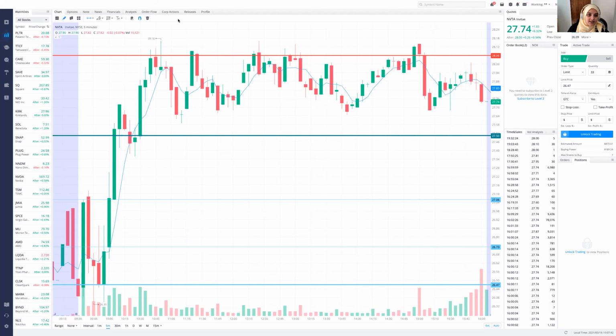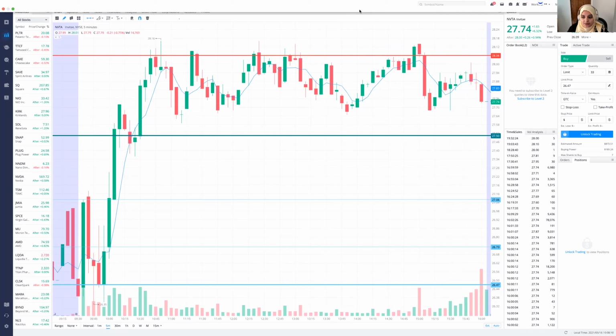I have a very detailed tutorial on how to use Webull in the Facebook group, so if that's your broker, definitely check it out. Basically, it's one of these little things in the top corner where it says chart. You can change it from a line chart to a candlestick chart. But every single broker will have this, except for Robinhood. They're the only ones that don't have it.